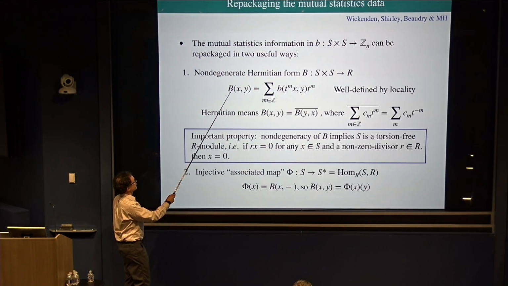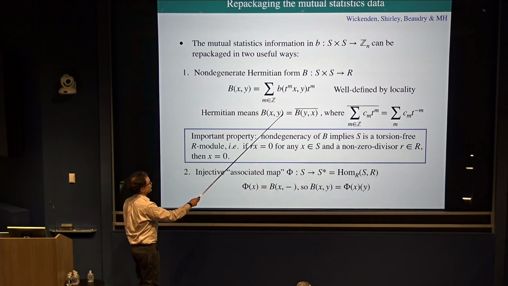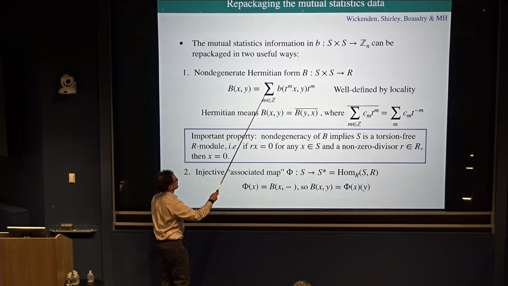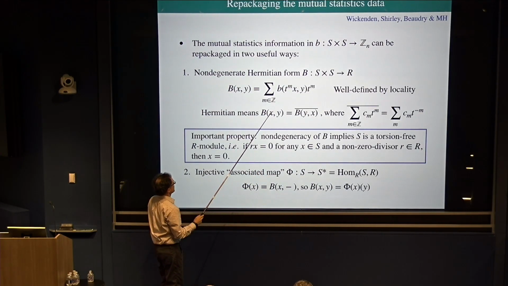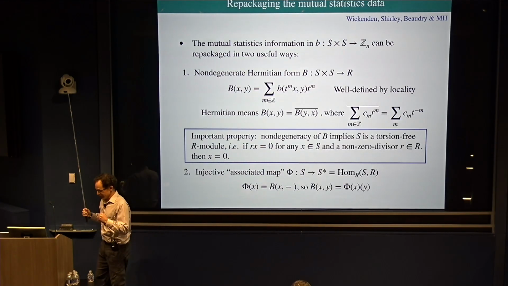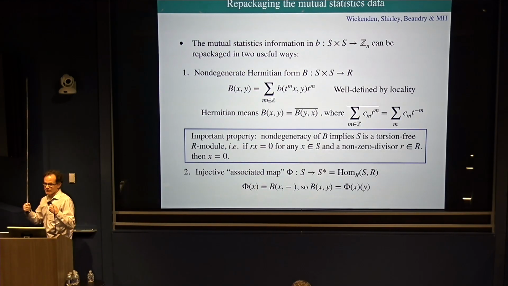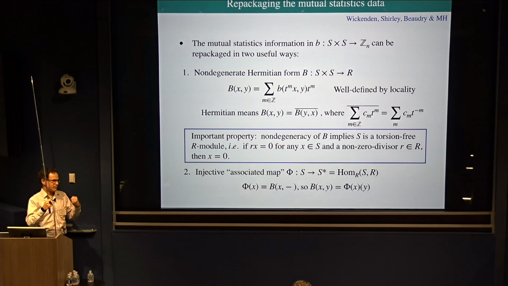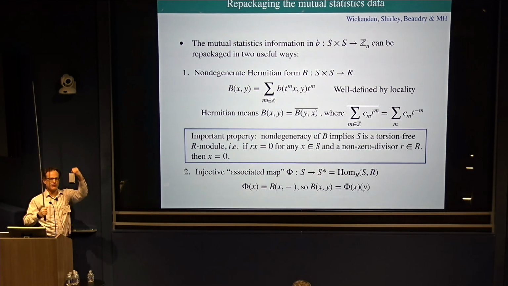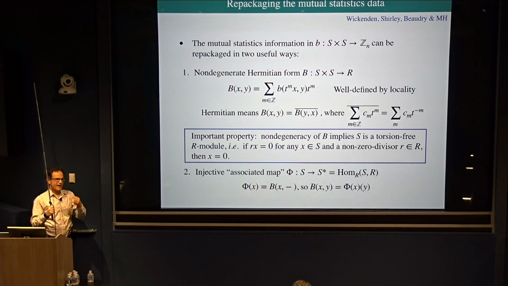One way is to define what we would call a Hermitian form, which takes values in Laurent polynomials, and it's given in terms of little b. And the formula is not so important. The physics of this expression is that this big B object keeps track of the mutual statistics between x and y, but also all the relative translates of x and y at the same time, encoded in one polynomial.